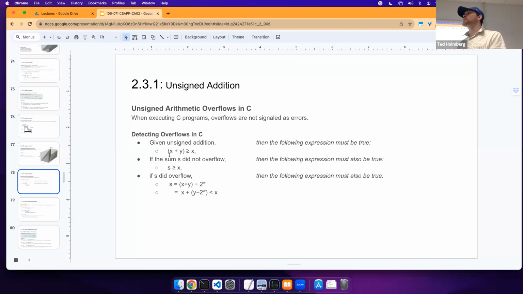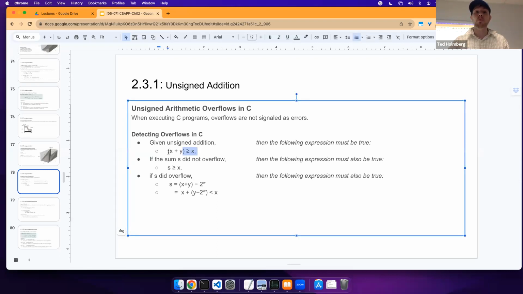Because there's no way of subtracting using addition. You don't have negative numbers to add to your X to make it go down. So we can assume that this first expression is true. It might be that Y is 0, so that means X plus Y could be equal to X, but if Y is any other value besides 0, then it's going to be greater than X.